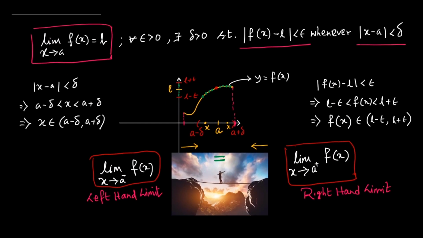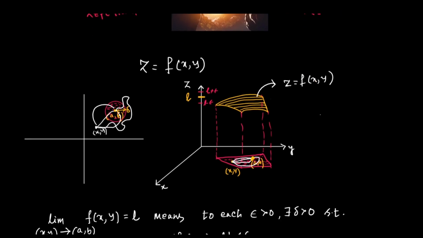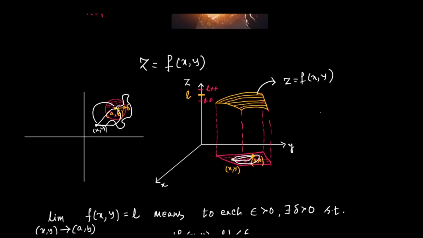Whenever x is very close to a, if f(x) is very close to L, we said that the limit exists. Now a simple extension, by bringing the concept of neighborhood, so that we can take all the possible infinite number of paths into consideration. That's why instead of any specific line or path, we have considered a region around the point, so that all the paths can be considered at the same point of time.